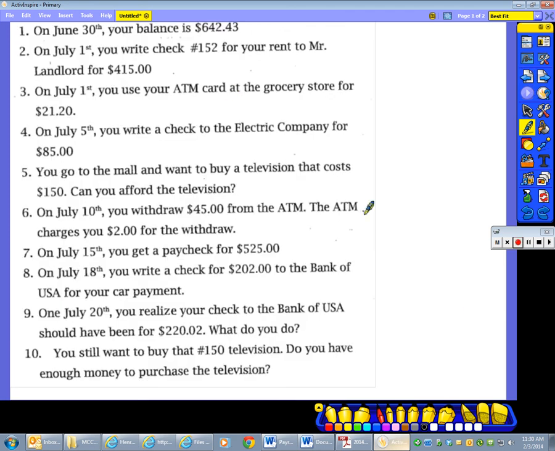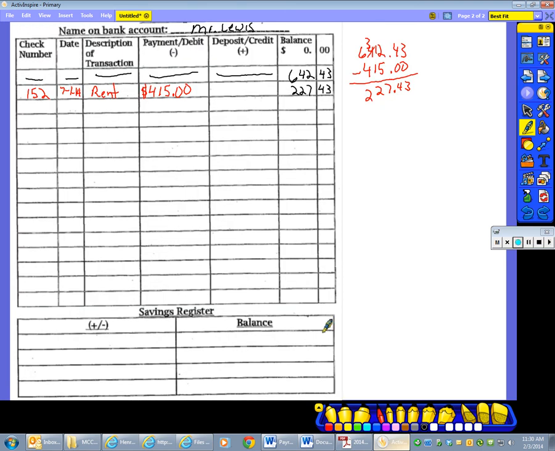Okay, so this is how you're filling this in. So now what I'm going to do is, I've done the first one, I've done the second one, let's move on to the next one. On July 1st, you use your ATM card at the grocery store for $21.20. Okay? So again, I'm going to use red. Now you don't have to change your colors.